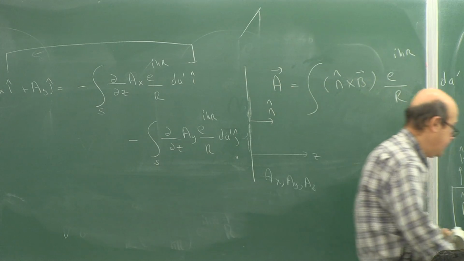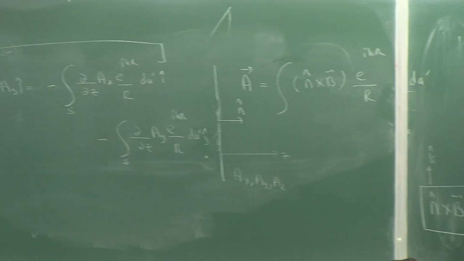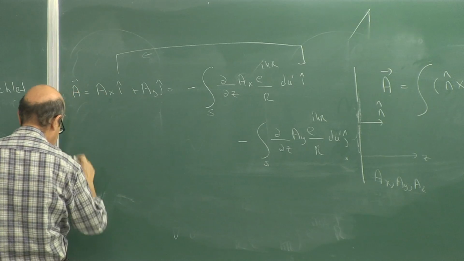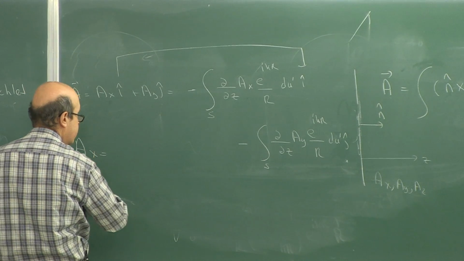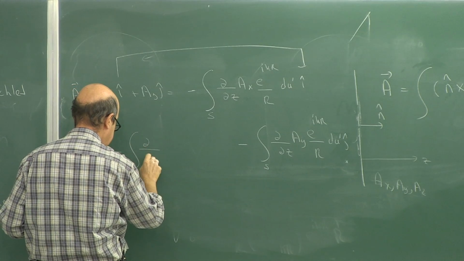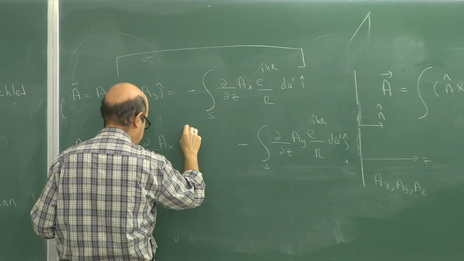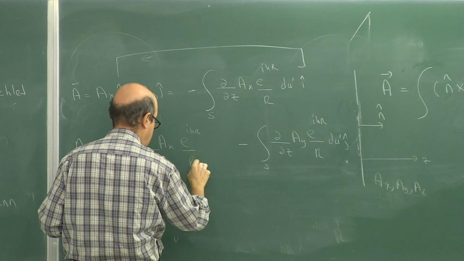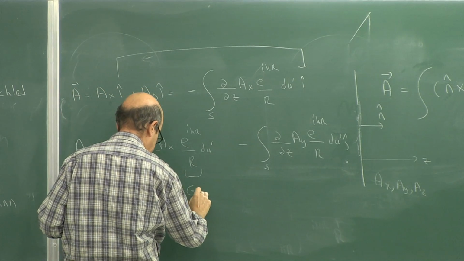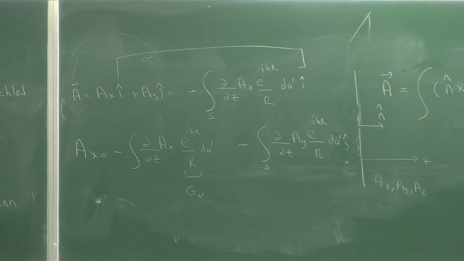We know that the Ez equal to 0, and if we look at the n cross b and plug it there, we find a relation for the vector potential, let's say Ex, which is nothing but del over del z Ex times Green's function e to the ikr over r dA prime. This is the Green's function. You can call this, for this example, the Green's function for the Neumann case.